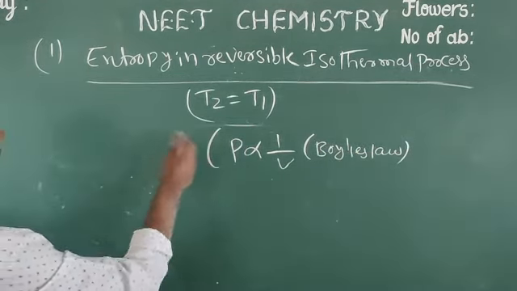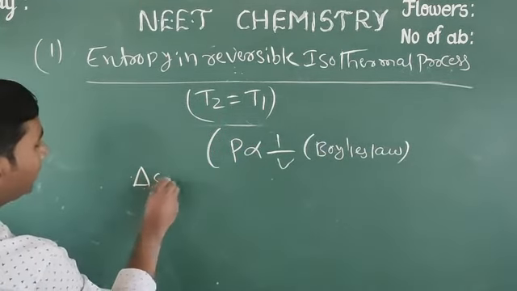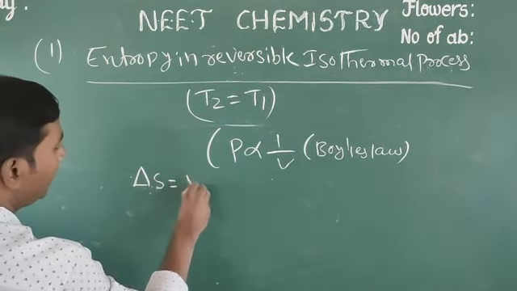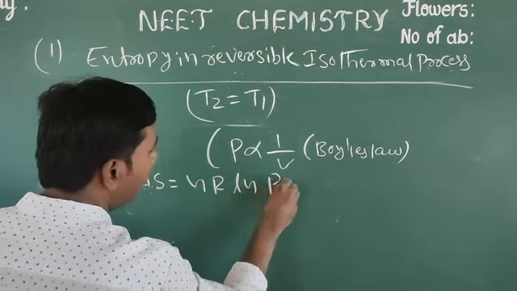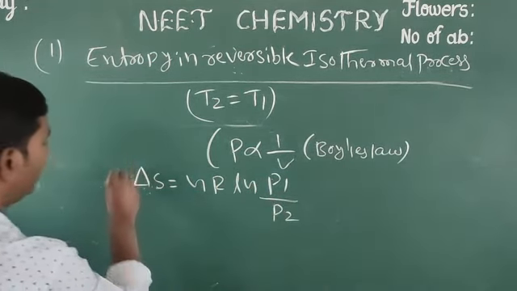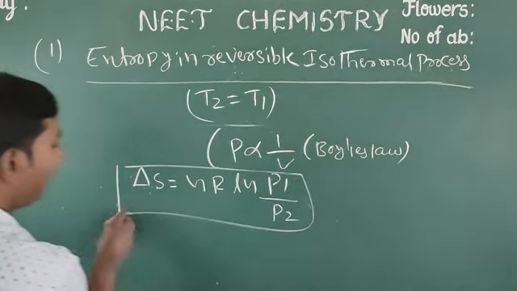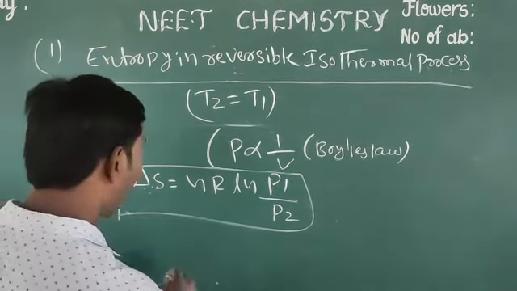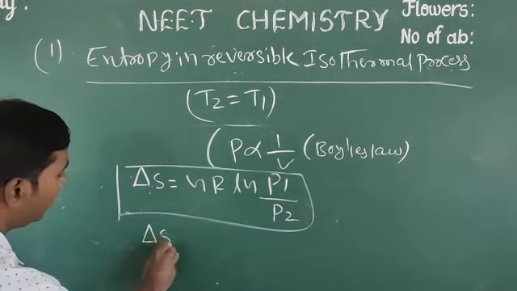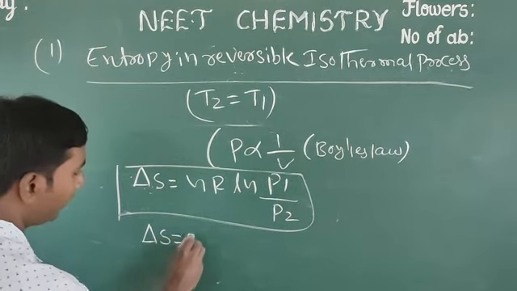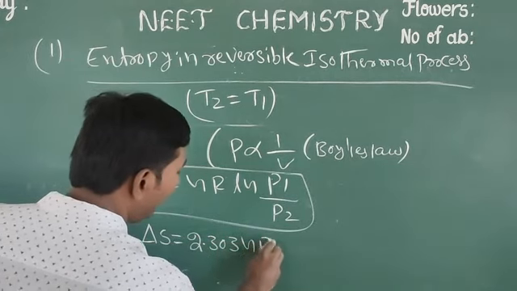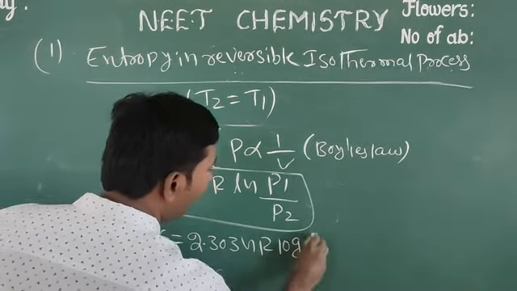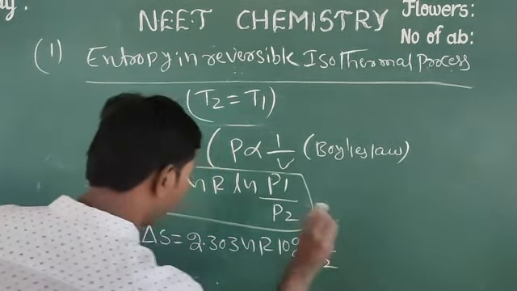That's why entropy change equals nR ln P1 by P2, or del S equals 2.303 nR log P1 by P2.